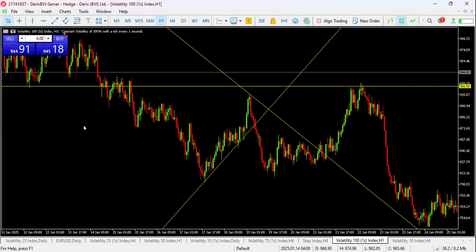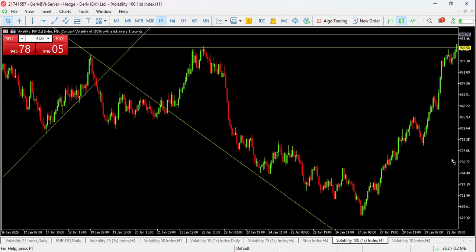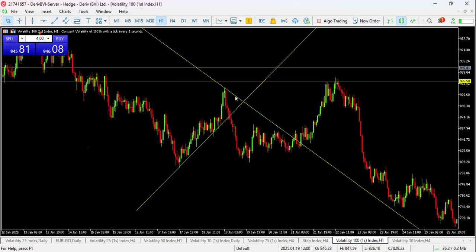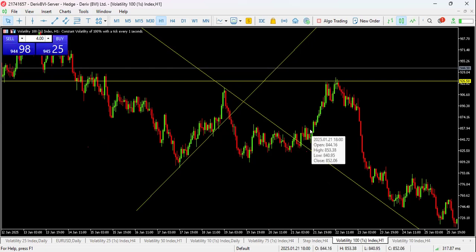So if you know how to draw support and resistance levels, even if the price breaks out of your trend line as a fake breakout, you will not be asking yourself where this market will hold. Since it's not holding here, maybe it's going to get to my support or resistance level before falling, but it's obviously a downtrend. So make sure you have your support and resistance levels well drawn.